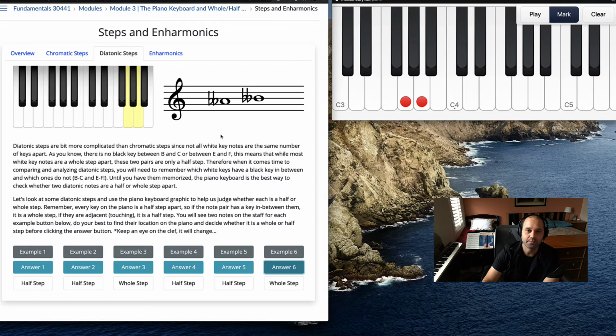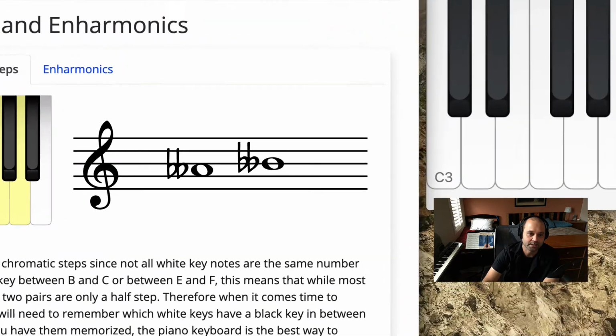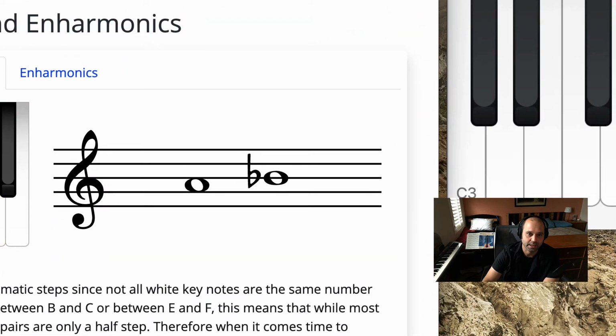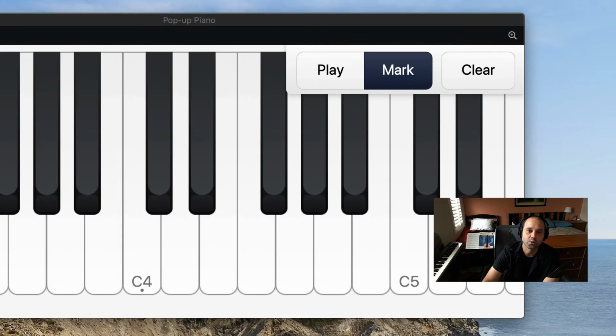Cool. One quick thing about these that might speed things up for you: if the notes have the exact same accidentals, so this one did not, this one did not, this one does, D flat and E flat. Normally D and E are a whole step apart. If they both have a flat, they've both moved in the same direction, up or down this kind of ladder, right?